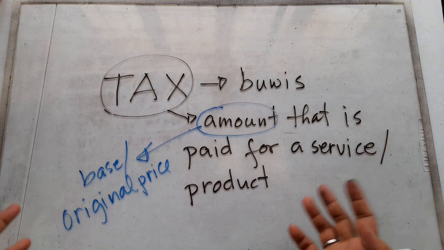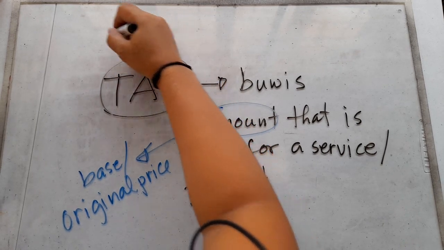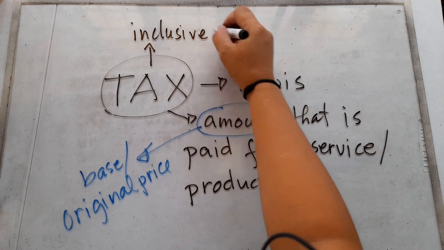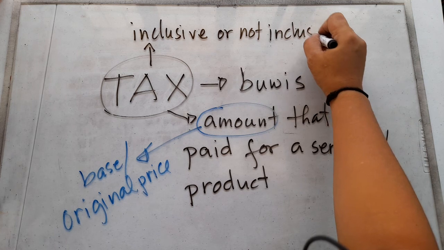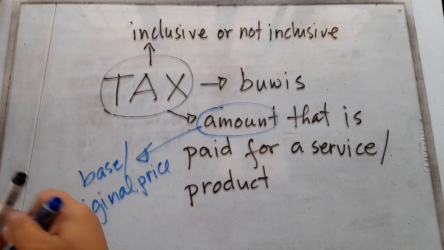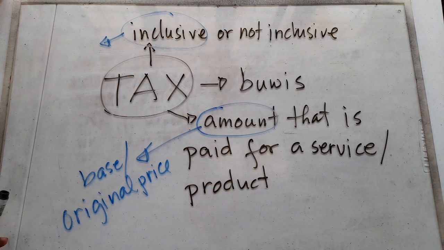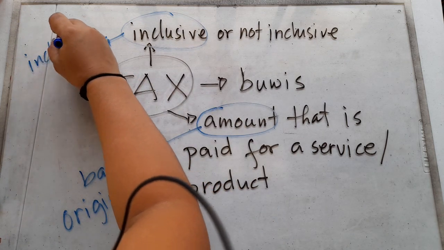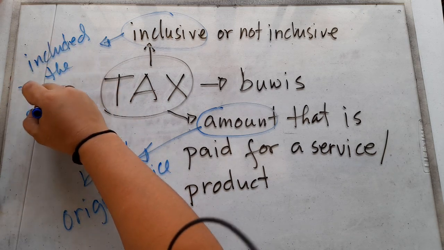It's either inclusive or not inclusive. Ano ang pagkakaiba niyan? Okay, pag sinabi nating inclusive, ano na yan, kasama na siya dun sa binayaran natin. This is already, the tax actually is already included in the paid amount.